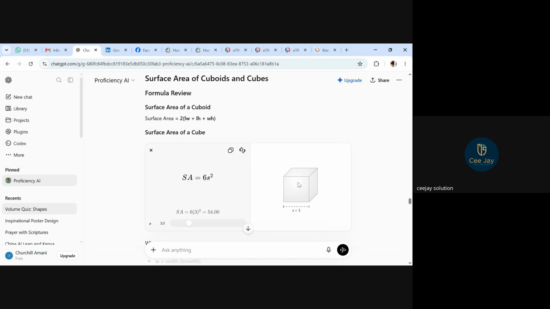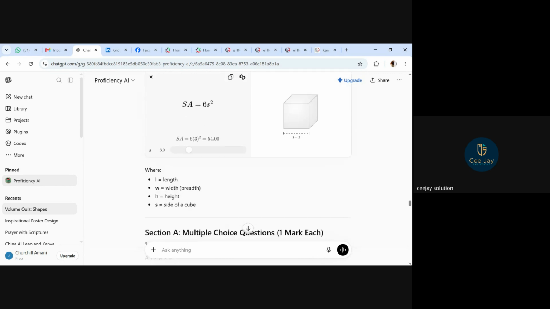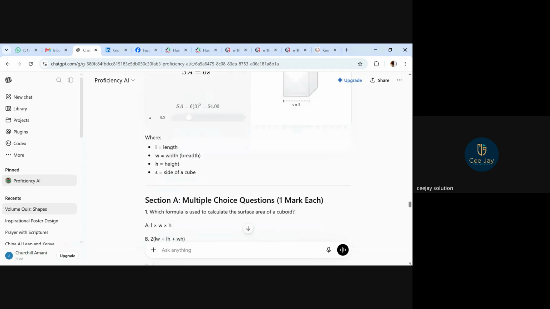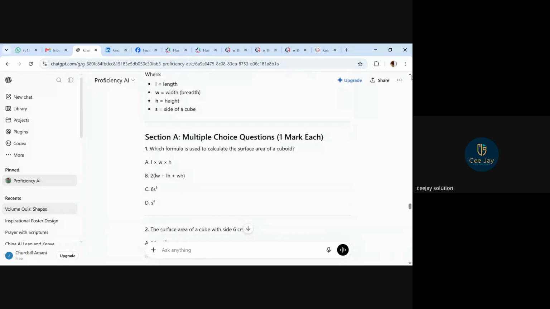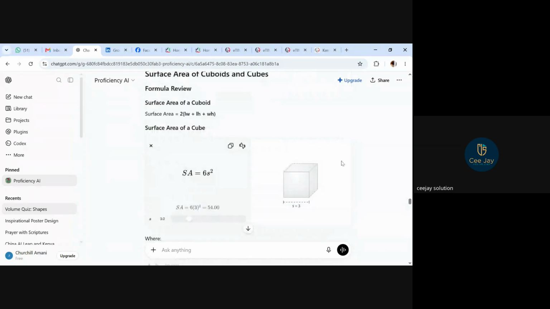Cuboid is just the same as this, but these shapes are not similar because there is length. Let's just assume this is a cuboid, because I'm not seeing a figure of a cuboid here. So we will say this is length.